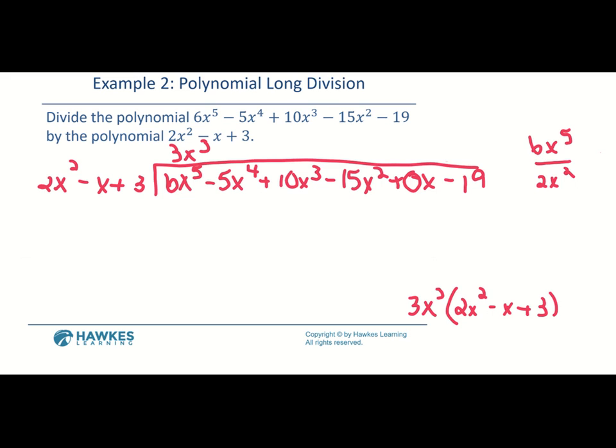So that is going to give me, I'll put it in parentheses, 6x to the 5th power minus 3x to the 4th plus 9x cubed.